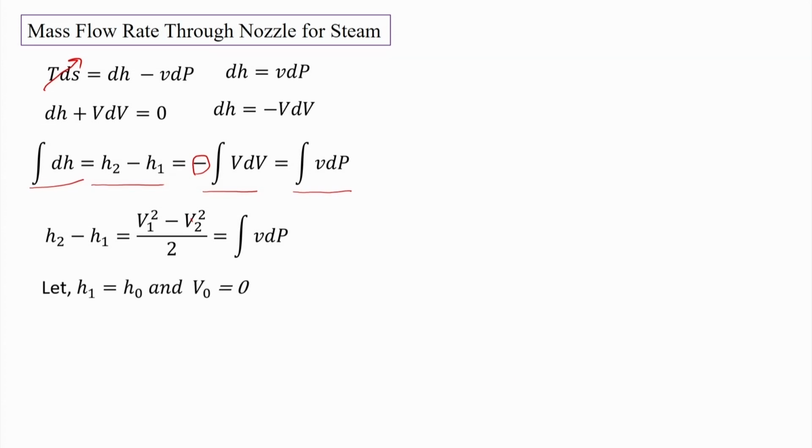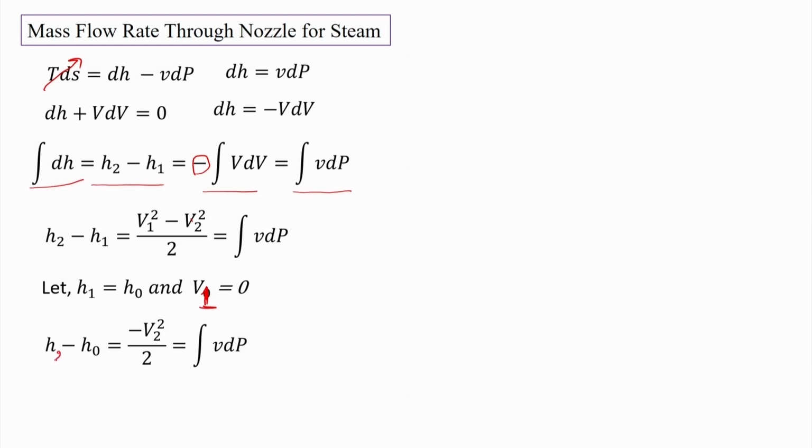If we say that at the inlet we have stagnation condition, then H1 is equal to H0, and V1 is equal to 0. So the same expression can be rewritten as H minus H0 is equal to minus V2 square by 2.